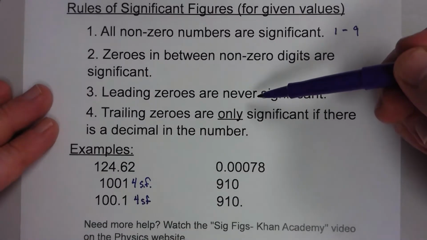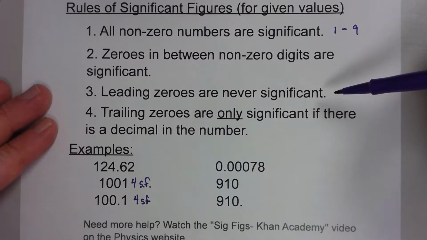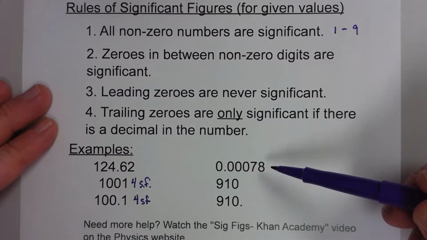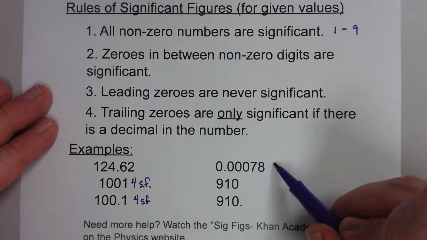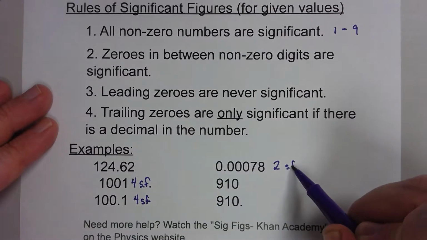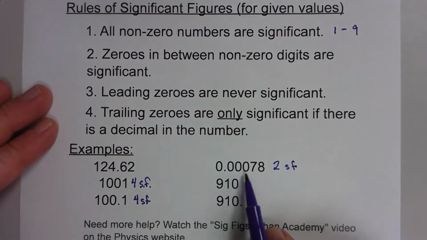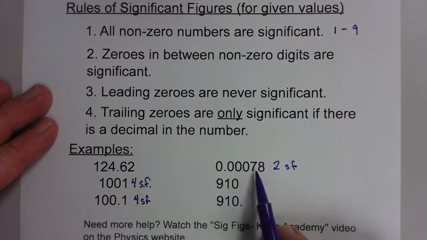Now, leading zeros are never significant. They are just placeholders. So when we look at a number like 0.00078, that is only 2 significant figures. The purpose of these zeros is just to keep the 7 in the 10,000ths place, and the 8 in the 100,000ths place.